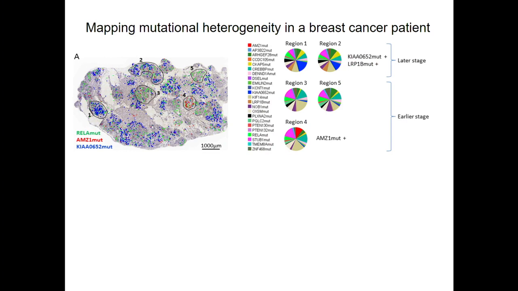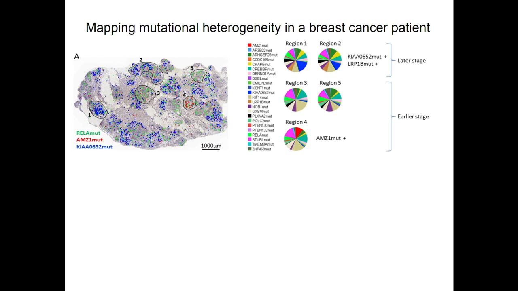And then current work is combining the mutation profiling and expression profiling. Here is a breast tumor again, a piece of a breast tumor that has been deeply sequenced, and so we had the mutation profile of this tumor based on deep DNA sequencing.